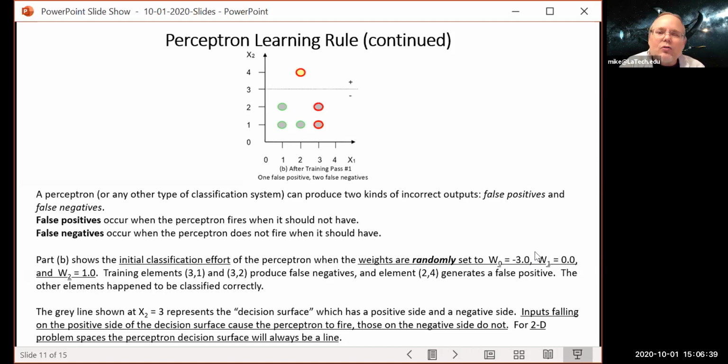So the only input we have is X2, which is multiplied by W2, and we're subtracting 3. So this decision surface is the line where you get a 0 as your output from the equation of your weighted sum. The weighted sum is always going to be 0 along this decision surface line. So if it's greater than 0, it fires. If it's less than 0, it doesn't fire. Is that beginning to make a little bit of sense there? Yes, hopefully. Okay.